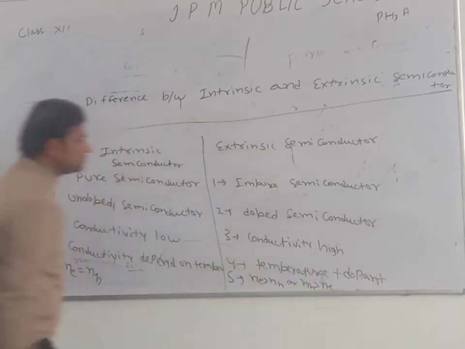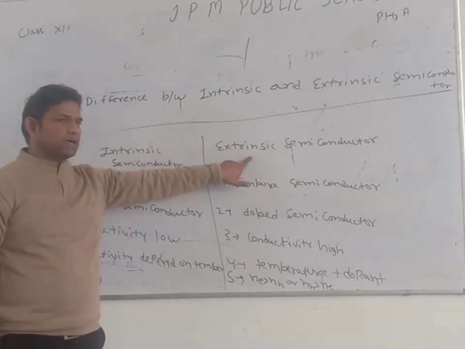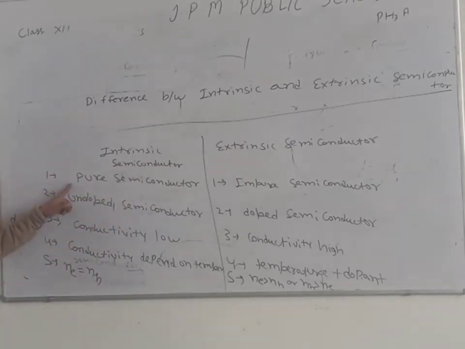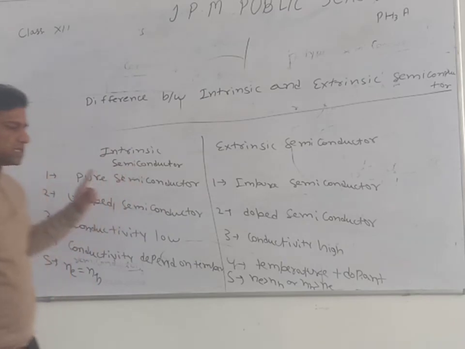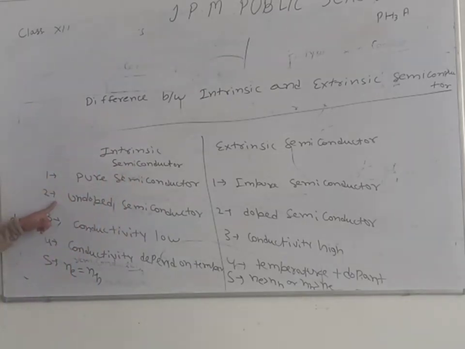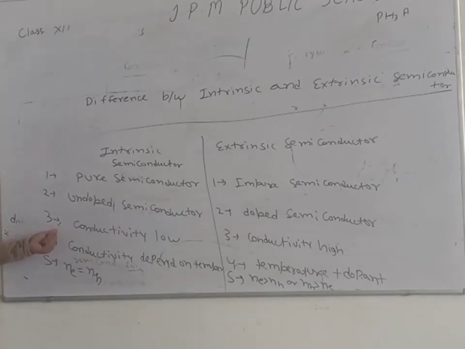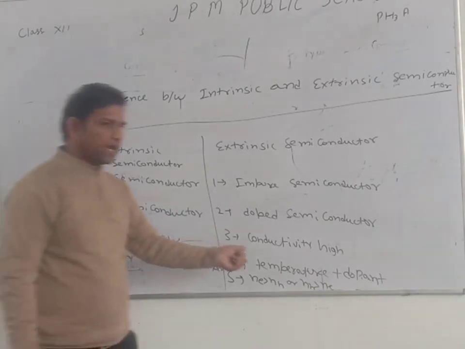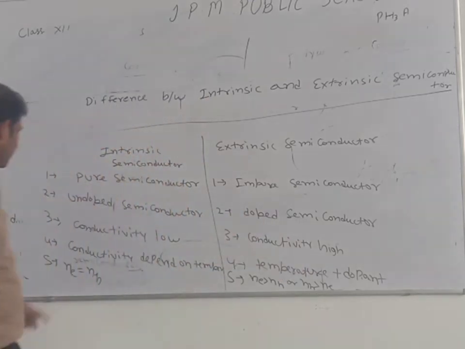So students, listen again. Firstly, the difference between intrinsic and extrinsic semiconductor. This is known as pure semiconductor, and this is known as impure semiconductor. This is known as undoped semiconductor, and this is known as doped semiconductor. Its conductivity is very low, and its conductivity is high because we add some impurity, meaning dopant.